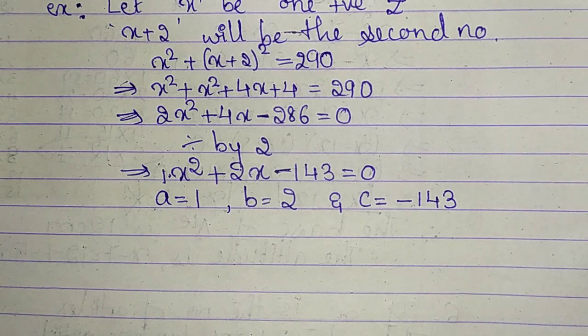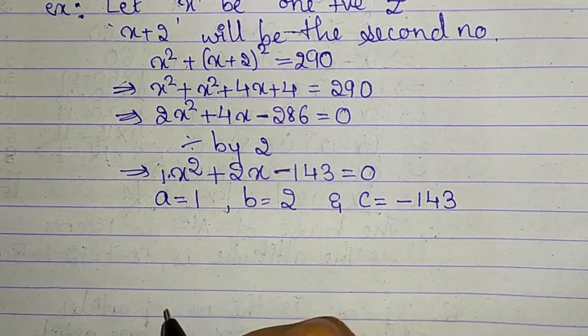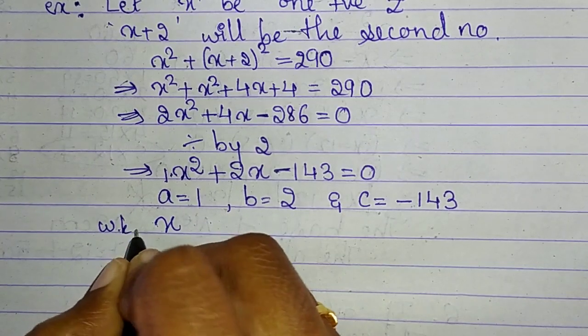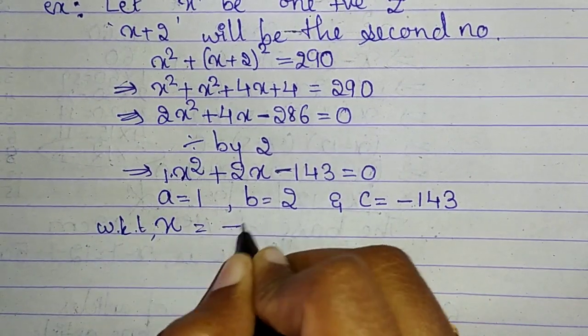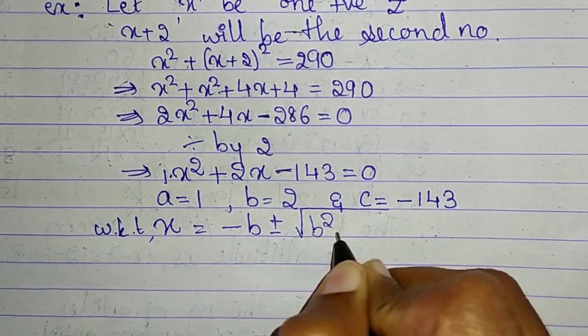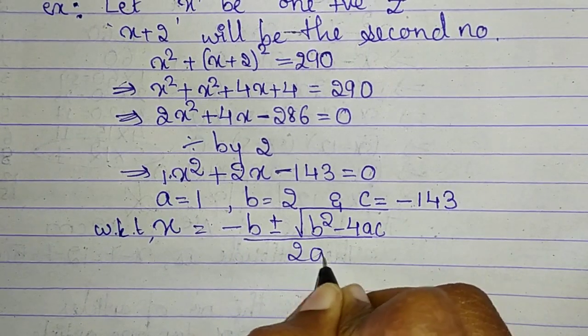Now let us substitute these values of a, b and c into the quadratic formula to find the value of x. We know that x = (-b ± √(b² - 4ac)) / 2a.